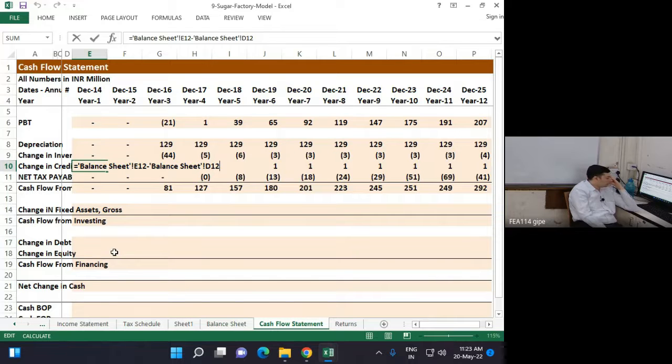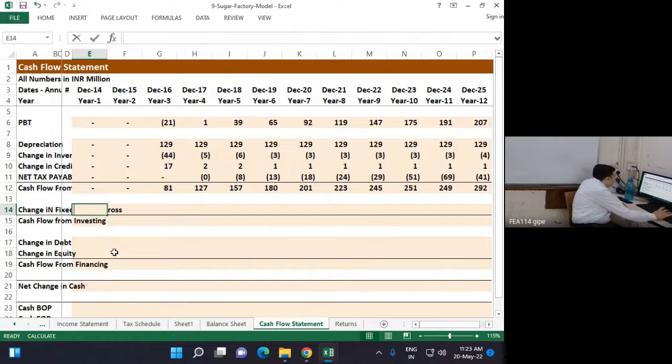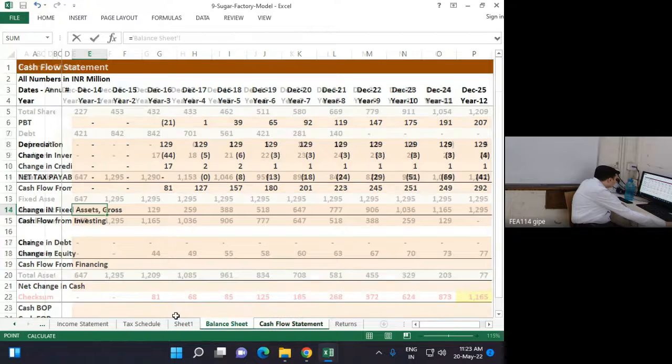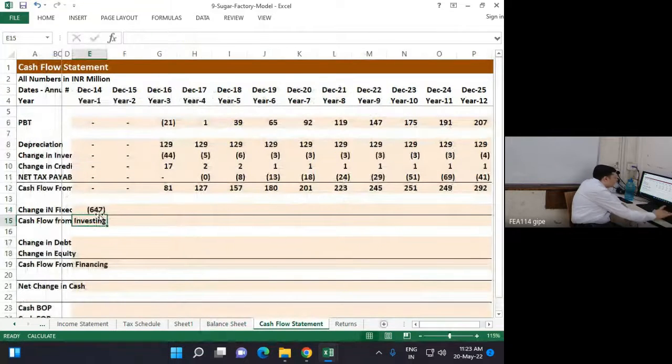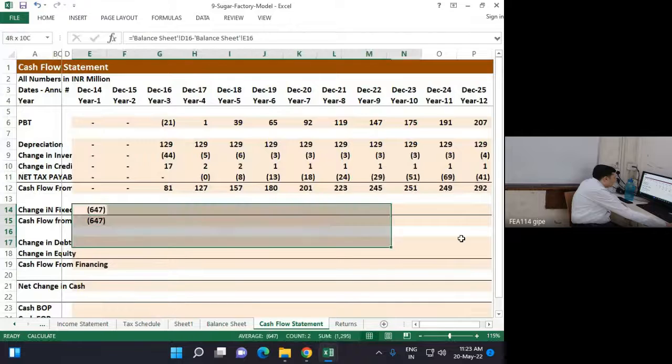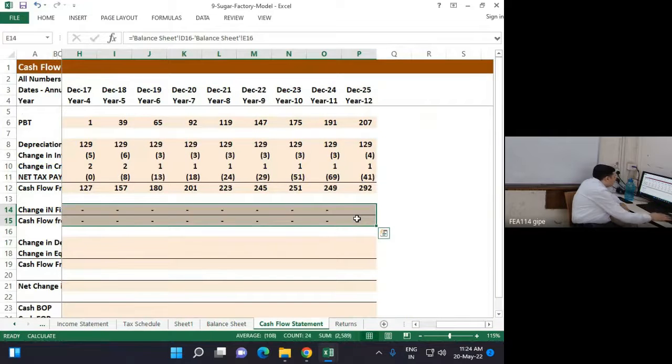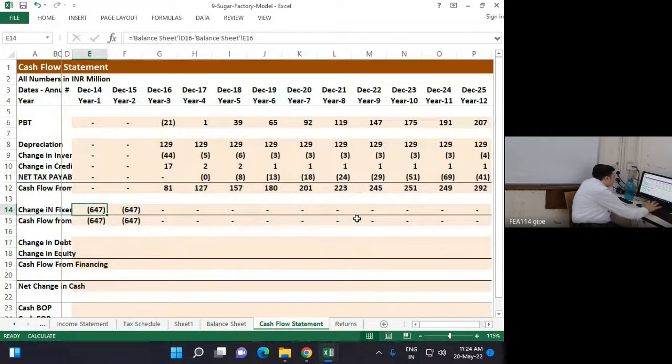Correct. Then fixed asset in the gross form, it's an asset. So again the rule is old minus new. So only take the gross number. Investing में एक ही entry है, so we'll keep it same. In this fixed asset because it's gross, sorry, it's an asset, so old minus new.